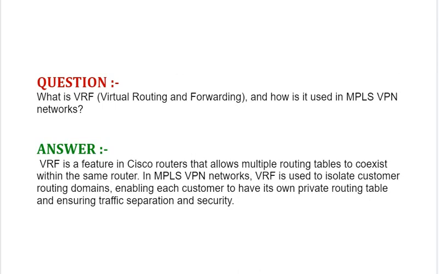Our next interview question is: what is VRF, virtual routing and forwarding, and how is it used in MPLS VPN networks? Your answer should be: VRF is a feature in Cisco routers that allows multiple routing tables to coexist within the same router.